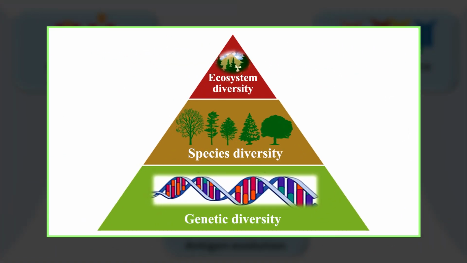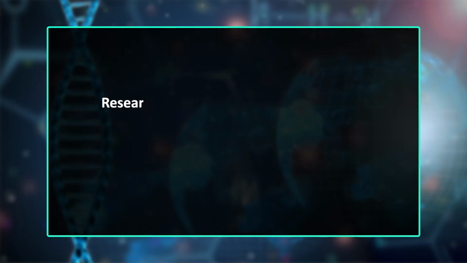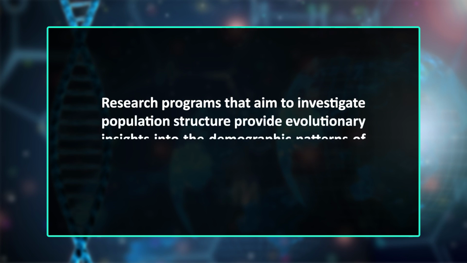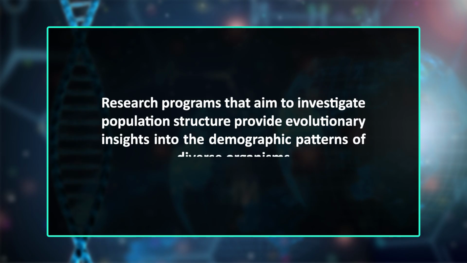Information about genetic diversity is necessary for the development of appropriate strategies in conservation biology as well as in many other applied fields. From a basic evolutionary standpoint, genetic diversity is assumed to be crucial for the evolutionary potential of a species. Research programs that aim to investigate population structure provide evolutionary insights into the demographic patterns of diverse organisms.